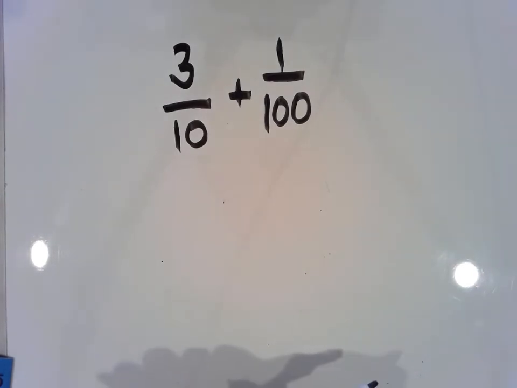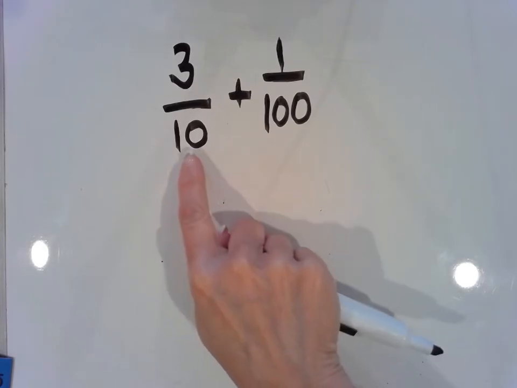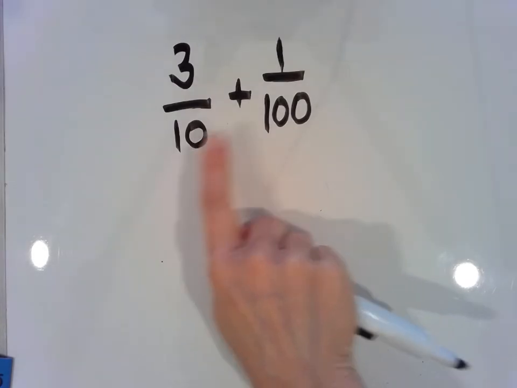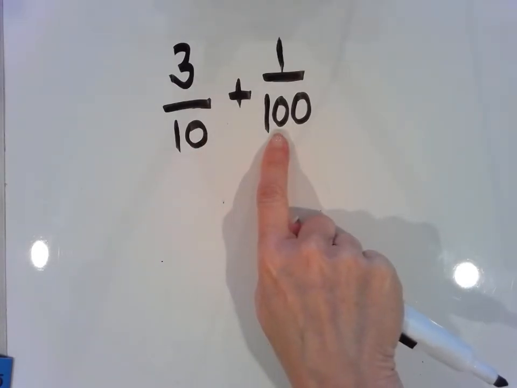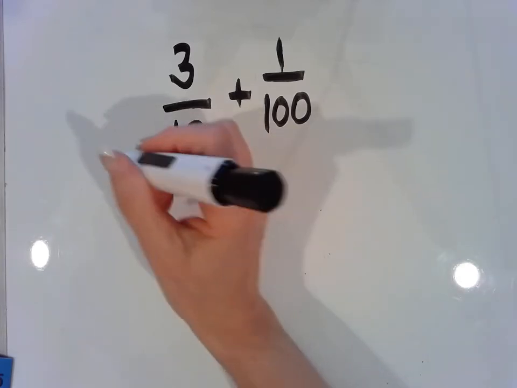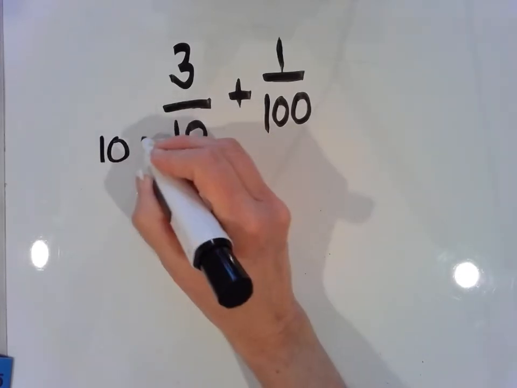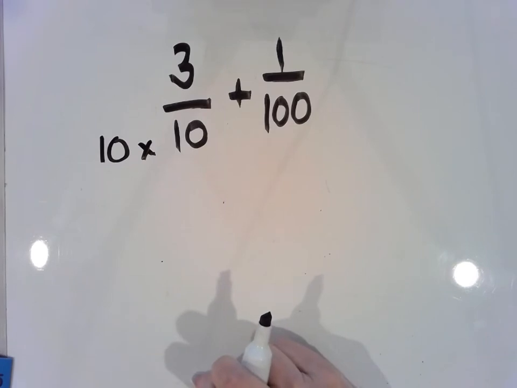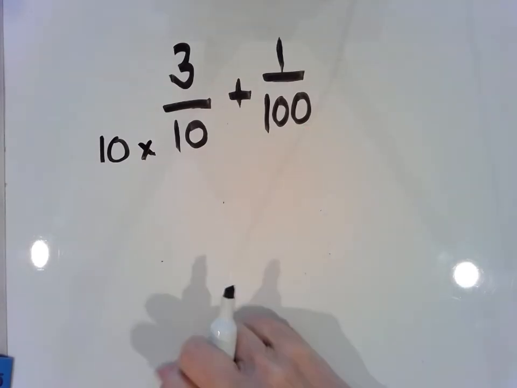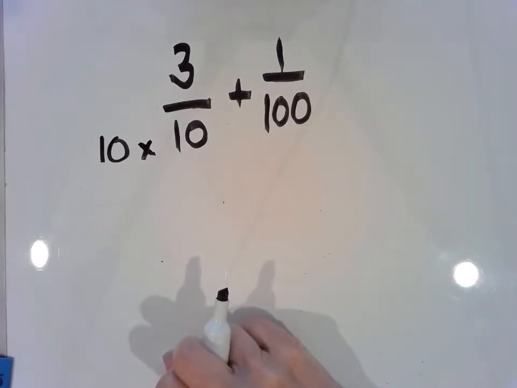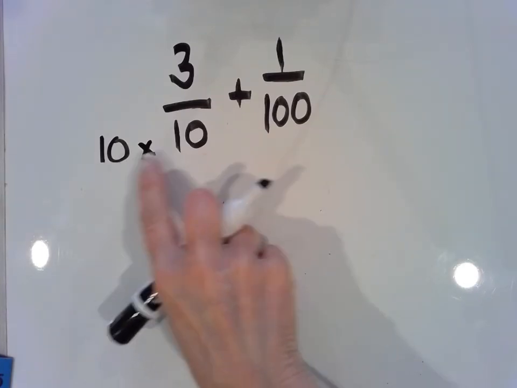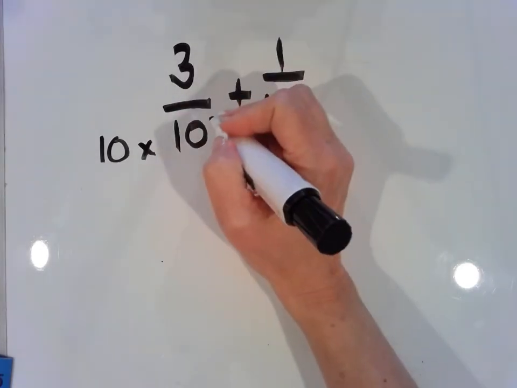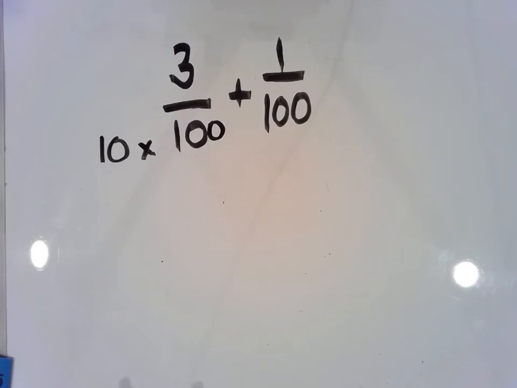So, how am I going to make tenths into hundredths? Well, if you think about it, 10 times 10 equals 100. So if I multiply this 10 times 10, watch what happens. It's going to give me 100. Now remember my little story.